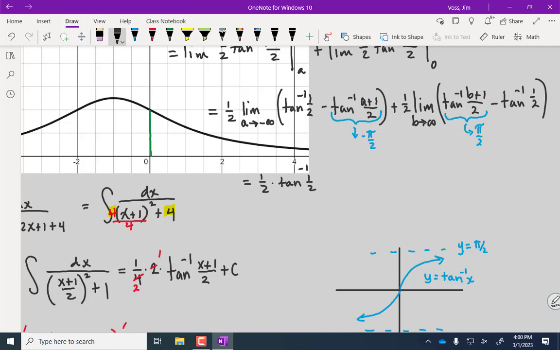So it's 1/2 times arctan of 1/2 minus 1/2 multiplied by negative pi over 2, plus 1/2 multiplied by pi over 2 minus 1/2 multiplied by inverse tangent of 1/2. So we get pi over 2.